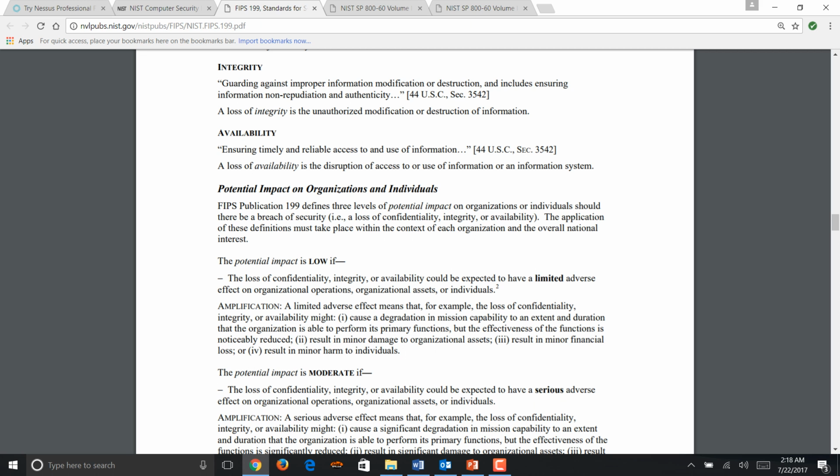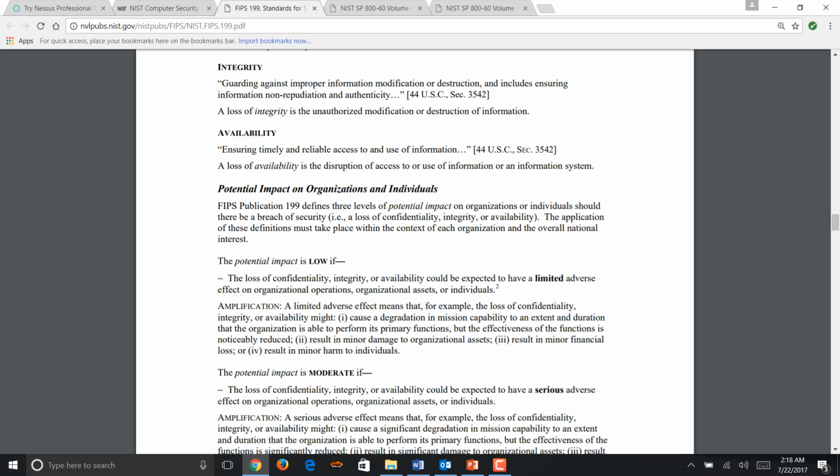So what is the amplification of this? A limited adverse effect means that, for example, loss of confidentiality, integrity, or availability might: 1. Cause a degradation in mission capability to an extent and duration that the organization is able to perform its primary functions, but the effectiveness of these functions is noticeably reduced. 2.